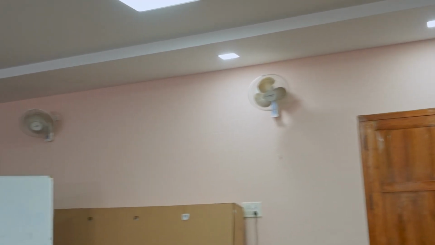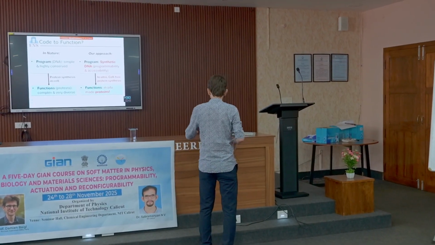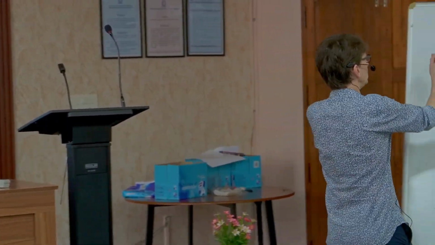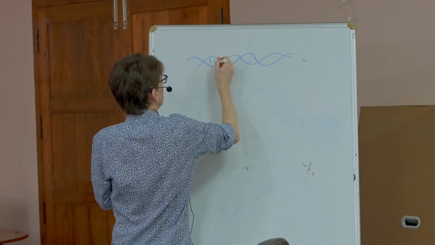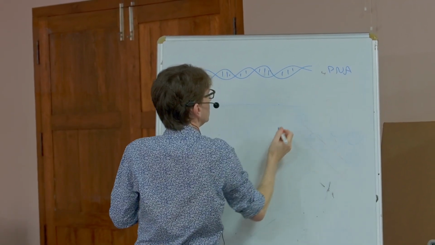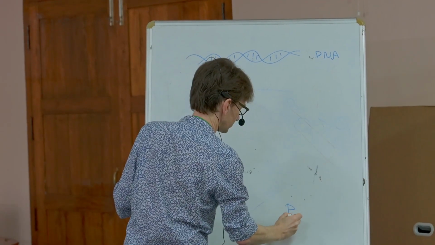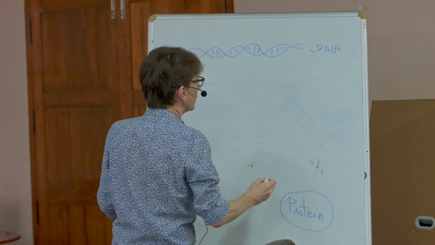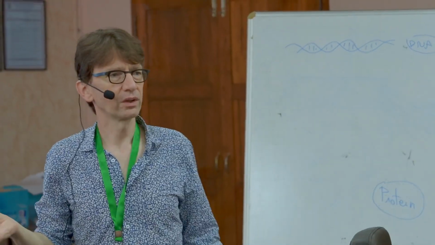So the question is, what do we need to make protein? We have DNA, and we need to go to protein. How does it work in cells?